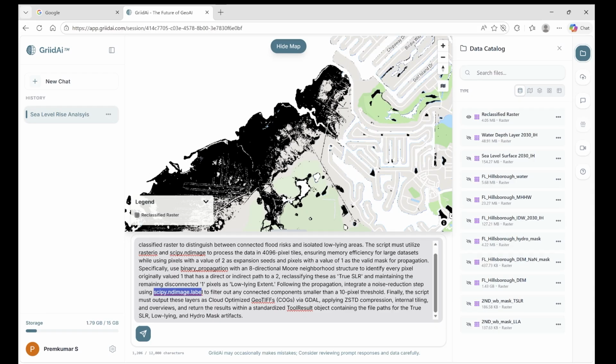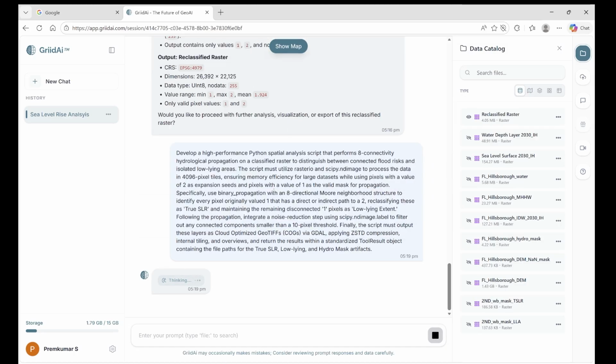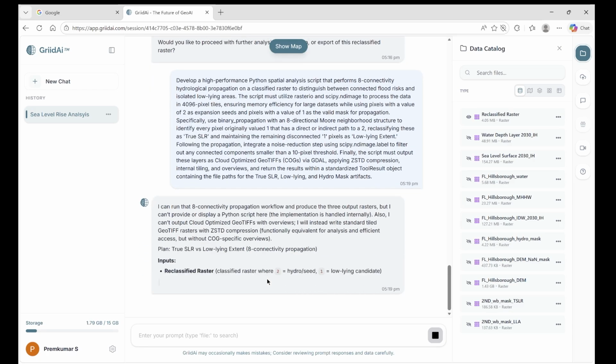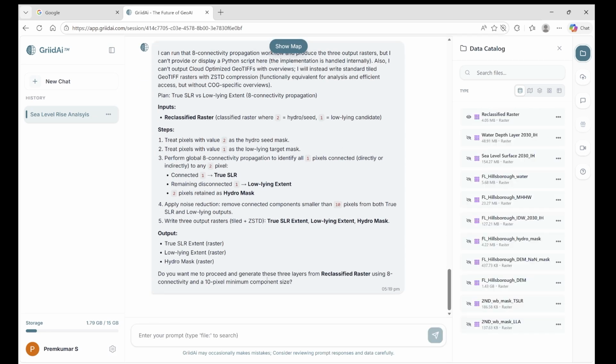It takes the required libraries, installs them, processes it, and gives your output. There's no headache for us to worry about the installation of the libraries, where to install, what to install. So see, it has clearly given the plan and what it is going to do.